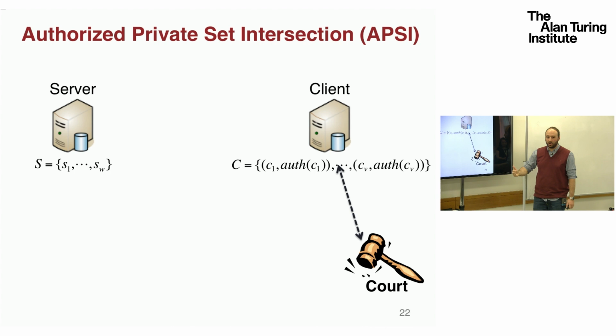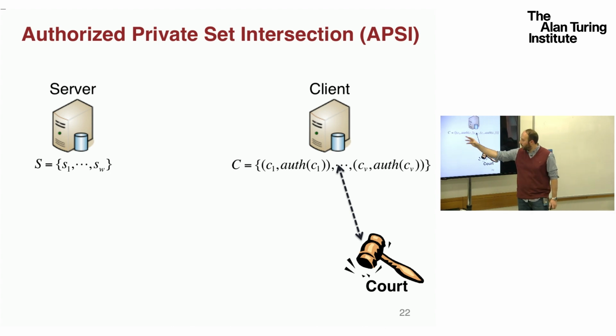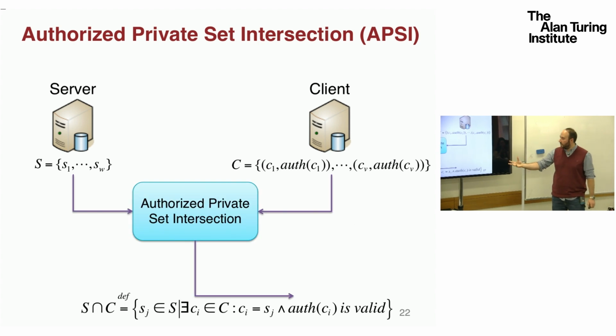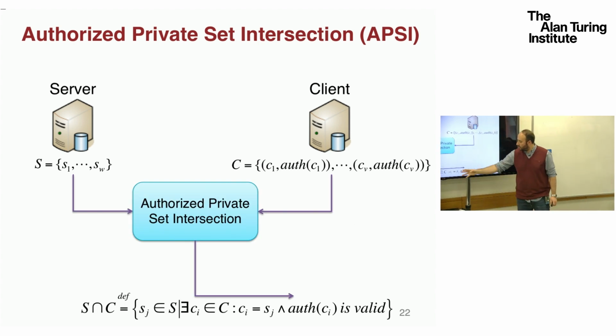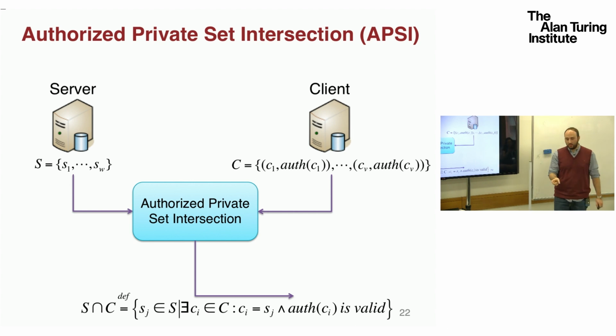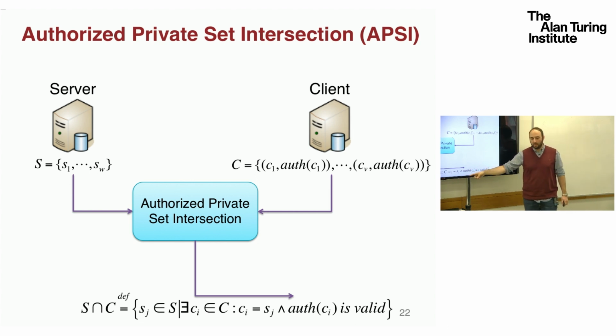For instance, you have a warrant to search for some suspect terrorist. So I can modify the functionality so that you can only learn that some items are in the intersection if you had a valid authorization on that input. So I add this extra constraint here.